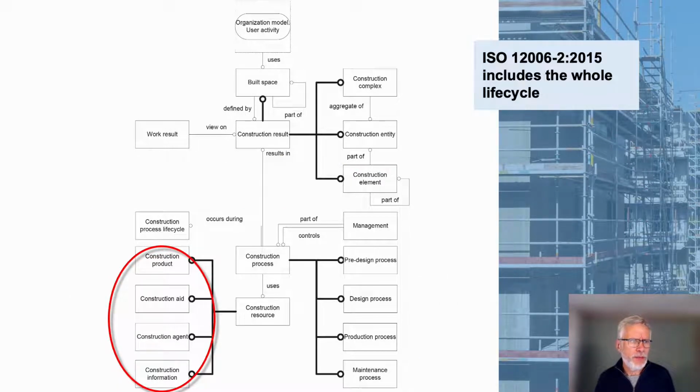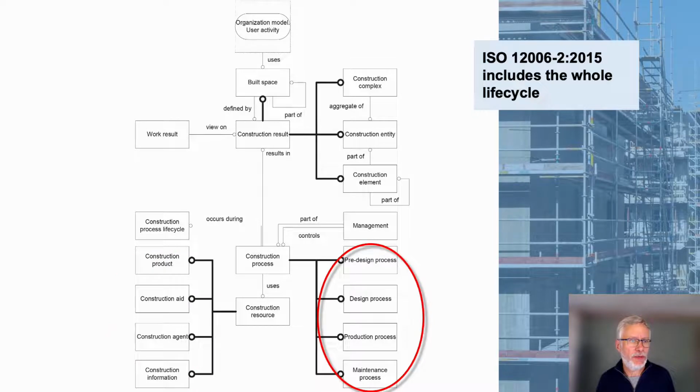And resources then being construction products, obviously, goods you buy, construction aids, machines and stuff like that, construction agents, obviously needed: people, designers, architects, technical consultants, contractors, and of course people working on site. And also construction information is important: drawings, CAD models, etc. All these are resources put into a production result.